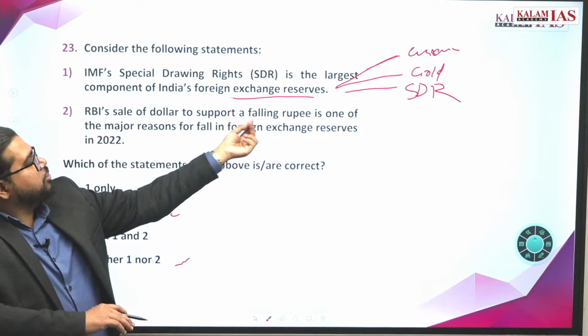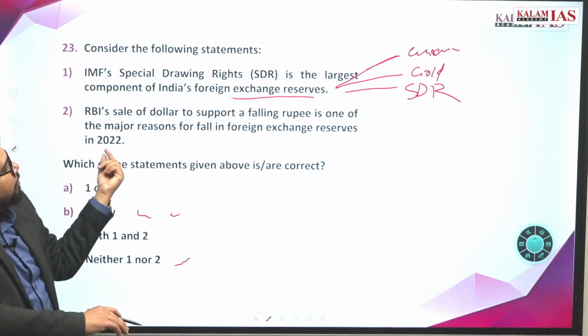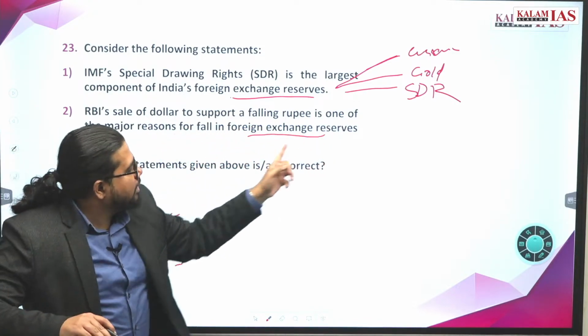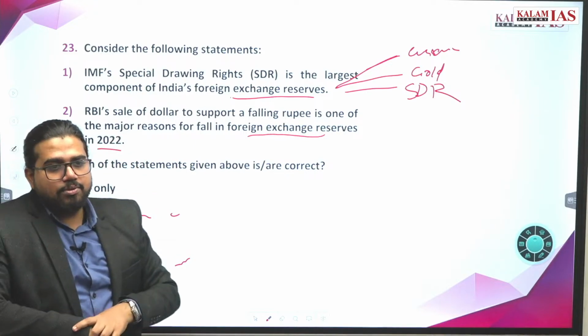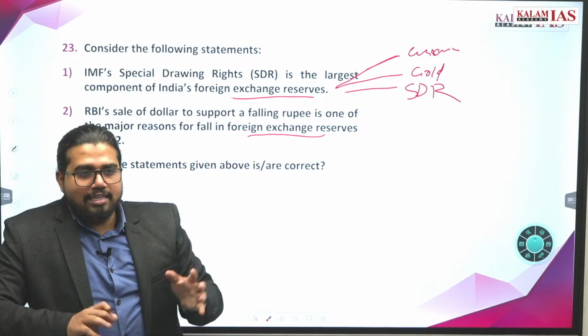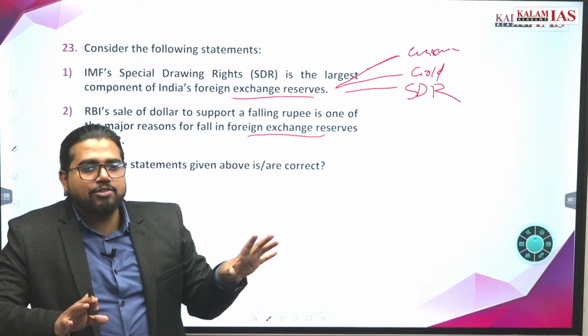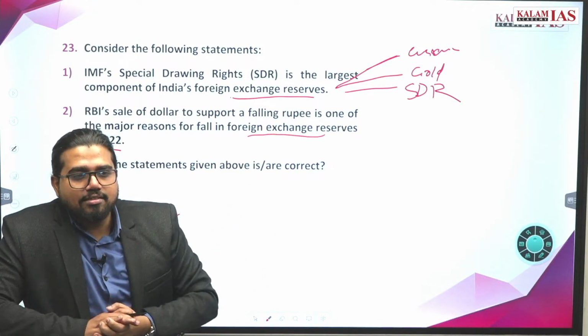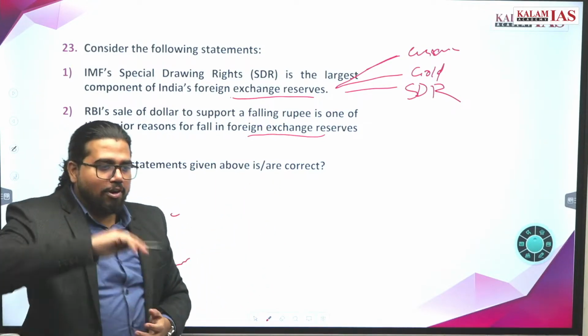RBI's sale of dollars to support the falling rupee is one of the major reasons for the fall in India's forex reserves in 2022. At least tell me what happened to India's forex reserves. What is the trend? Is it falling or going up?